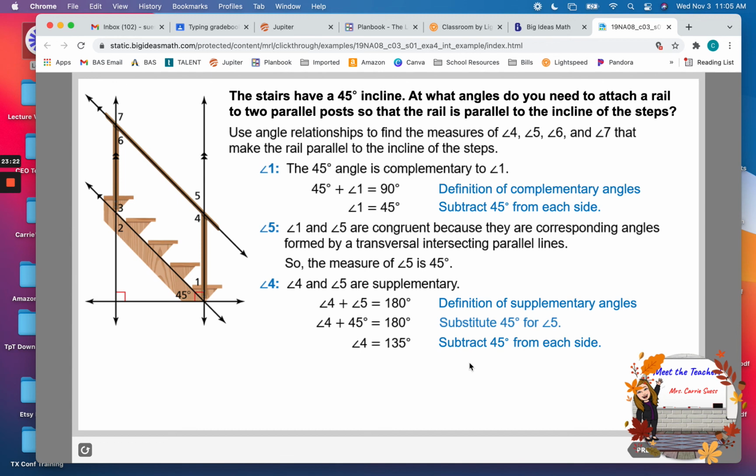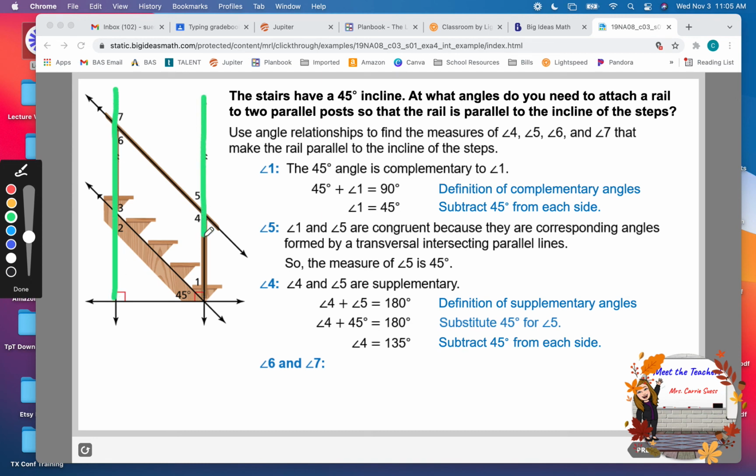Excellent. Now can we go look at 2, 3, and 6? I think so. So angle 6 and 7, up here, do they have corresponding angles that we have solved for? Okay, let's look at our parallel lines. If we deal with these 2 parallel lines, this and this would be on a transversal so we could compare those angles?